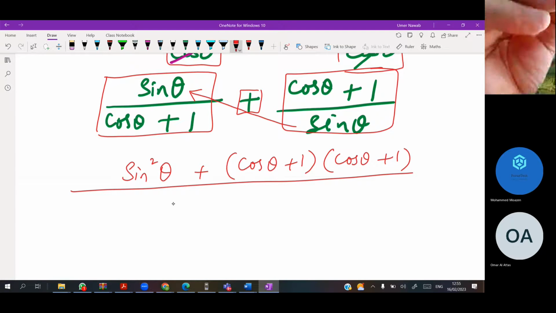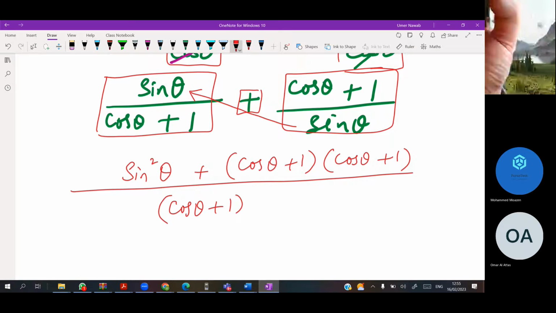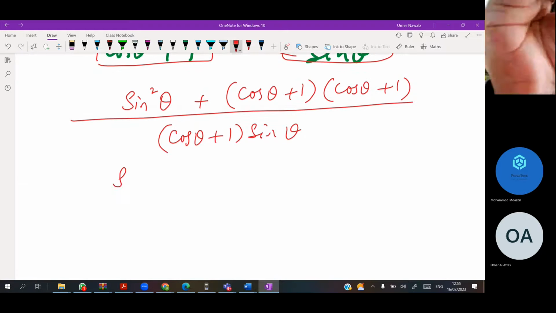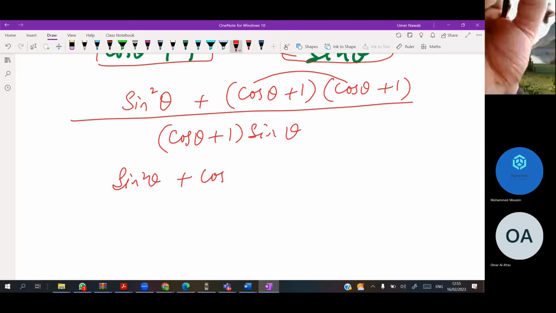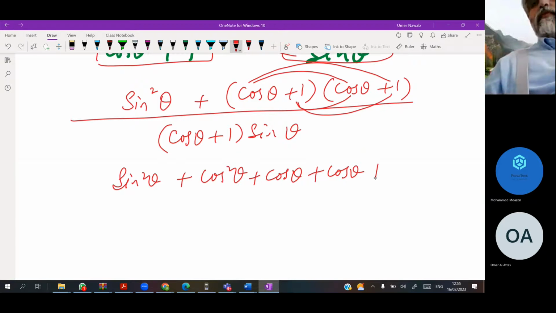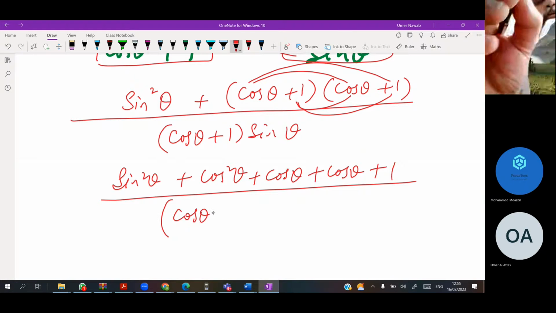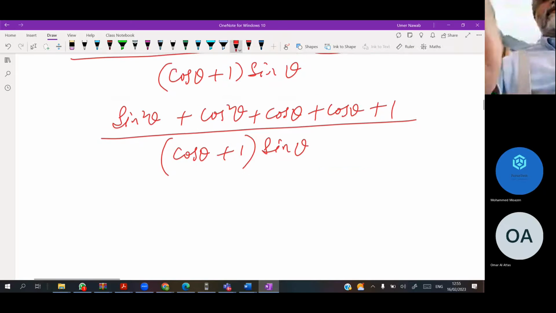In the denominator, you have cosine theta plus 1 multiplied by sine of theta. Open the brackets: sine squared theta, cosine squared theta, cosine theta, cosine theta plus 1 over, no need to open the brackets, so cosine theta plus 1 and sine of theta.